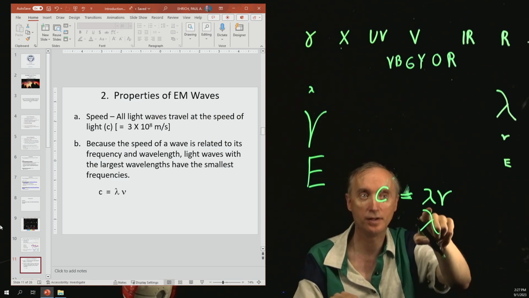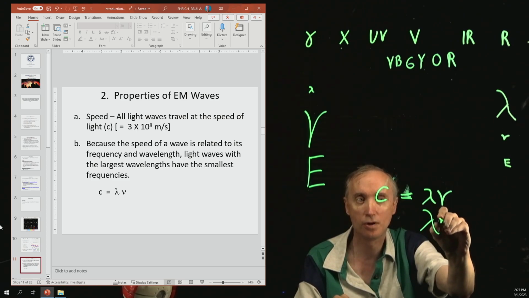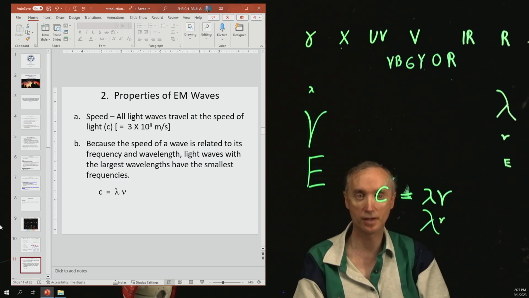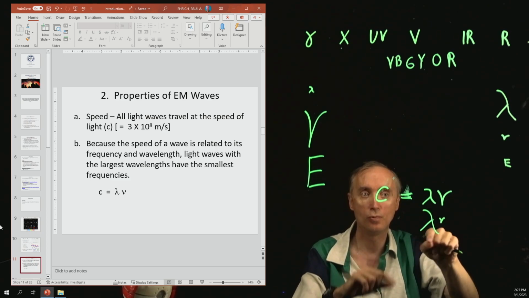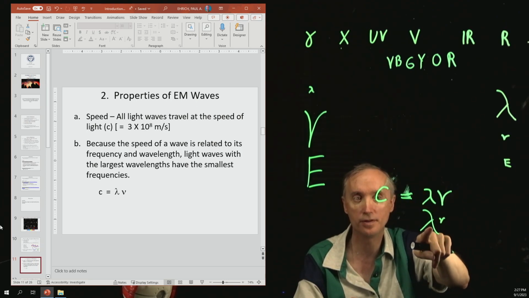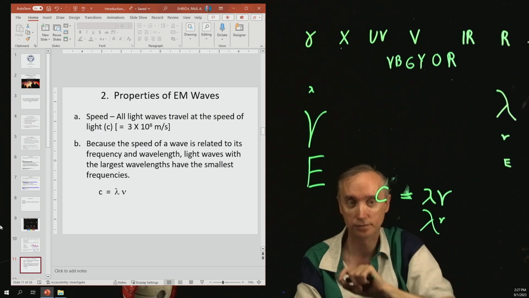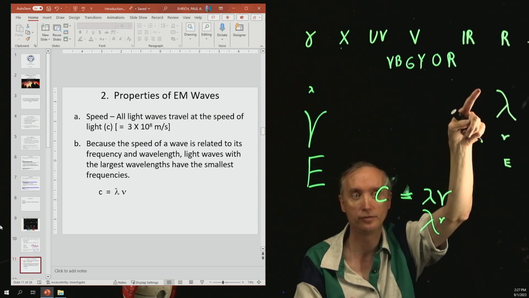So that means that if this letter gets bigger, then this letter has to get smaller in order to compensate. So whatever this frequency is in hertz, when you multiply it by this wavelength in meters, you end up with 3 times 10 to the 8th for a radio wave.